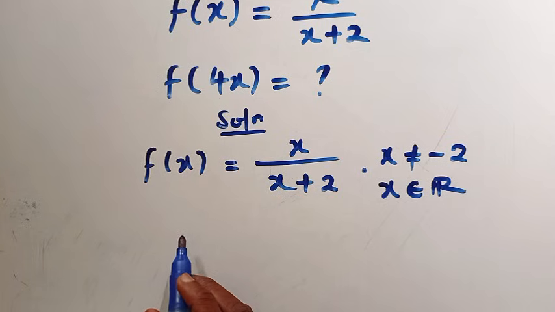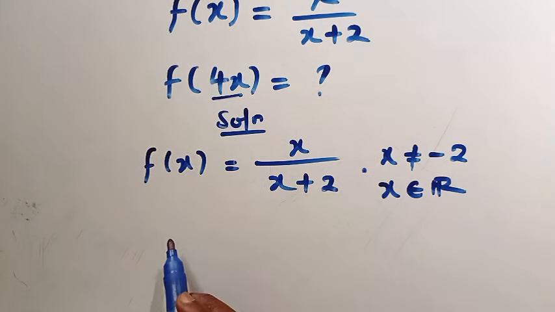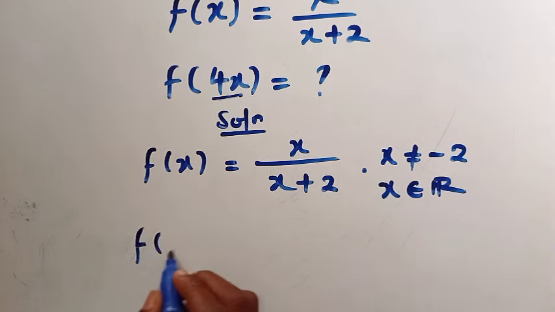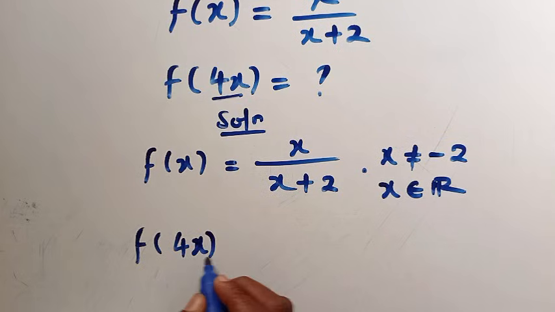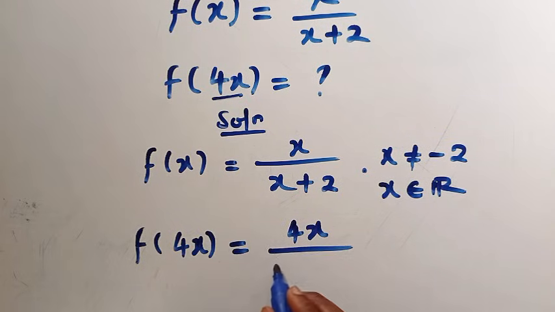So let's look at direct substitution. We substitute directly the 4x that we need into the function f of x. So we have f of 4x equals 4x divided by 4x plus 2.